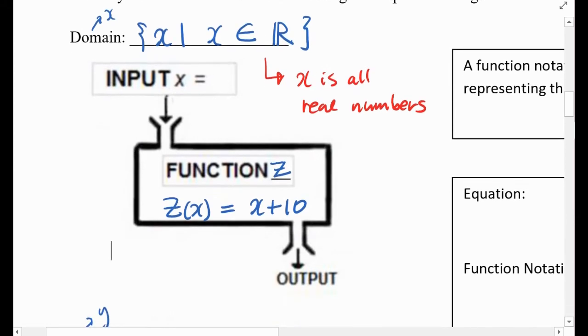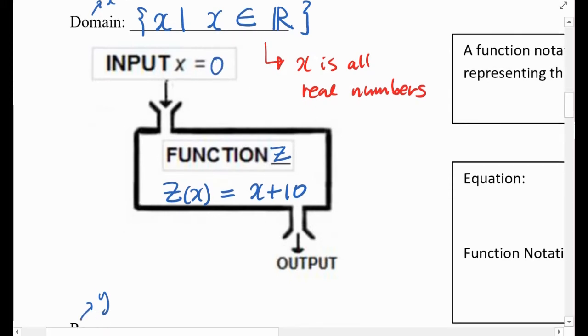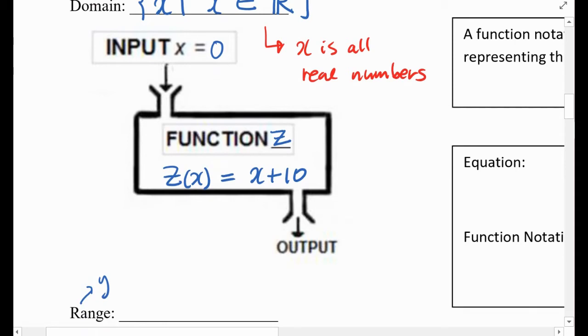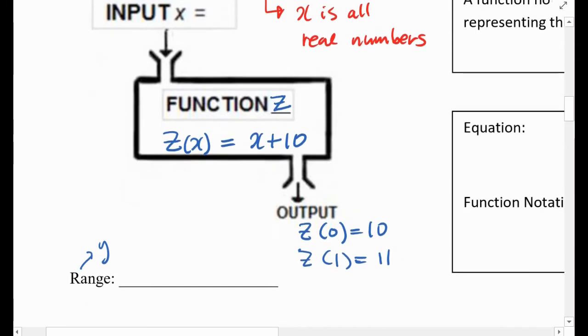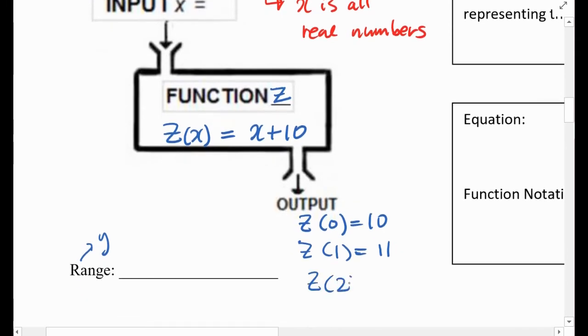Now we're going to use input values to find output values. Let's start from 0. Then what's going to be the output? z of 0 equals 10. Let's do 1. Then z of 1 equals 1 plus 10, which is 11. z of 2, let's plug 2: 2 plus 10, 12.